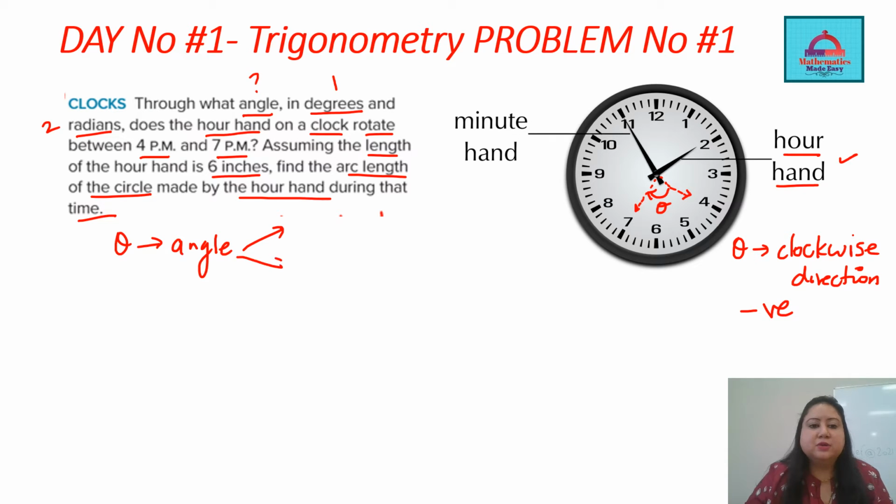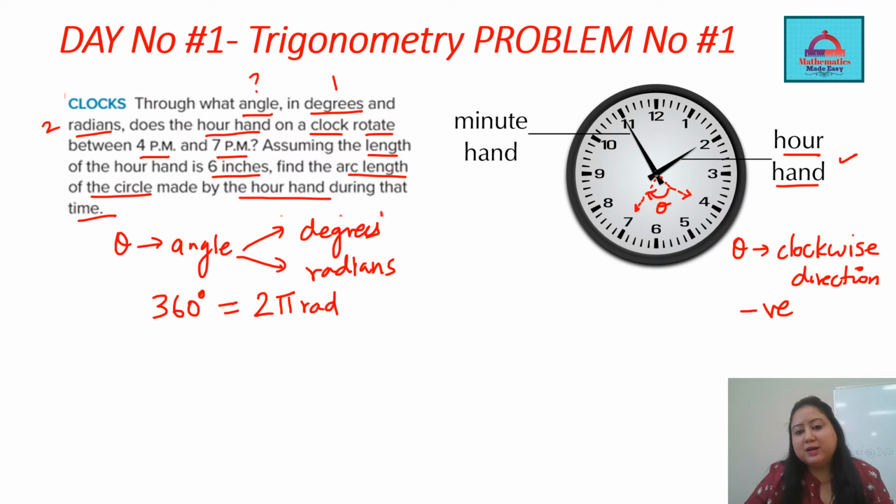The two units that we are looking at are degrees and radians, and before we find this angle, let's see the relationship between these two units. One complete rotation of the needle represents a complete circle, so that represents 360 degrees, or 2 pi radians, correct? Because the clock is divided into 12 equal parts, 1 2 3 4 5 6 7 8 9 10 11 12, let's find the measure of one division first.